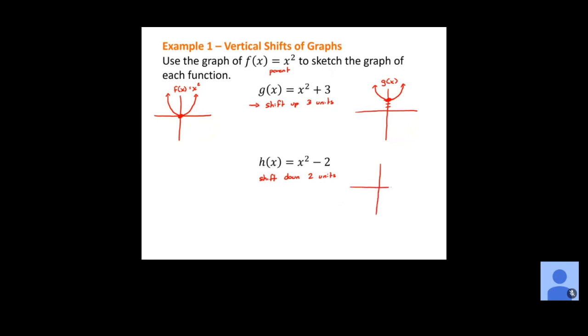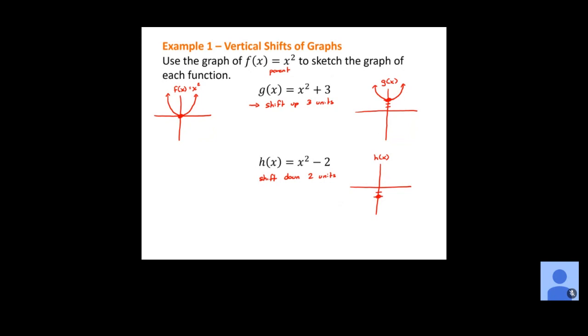All right, so if we do that for this graph now, what's that going to look like? Good. We start at 0, -2, right? Because we're shifting down from the origin 2 units.